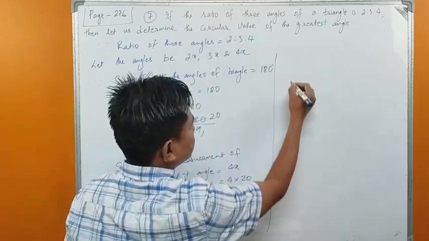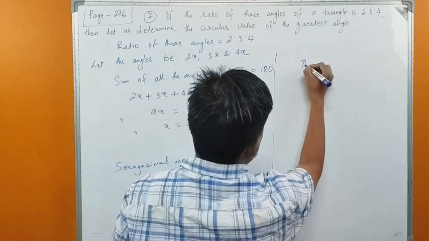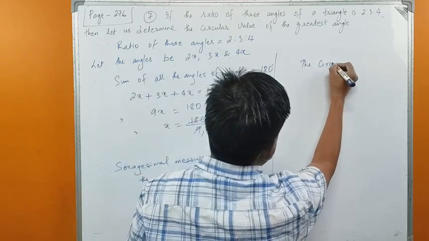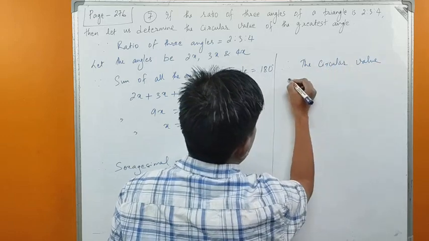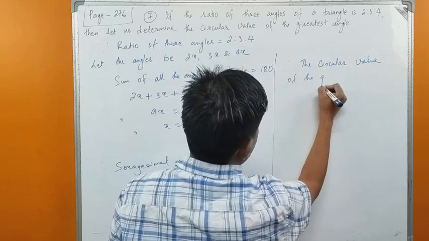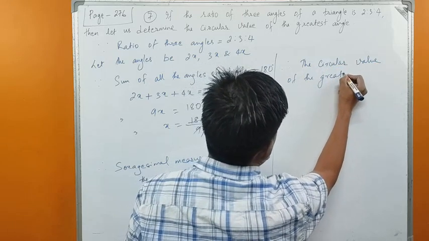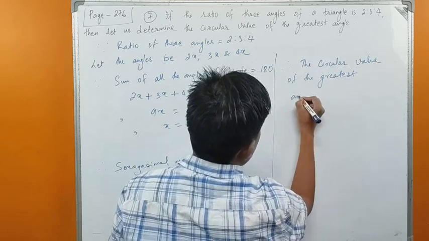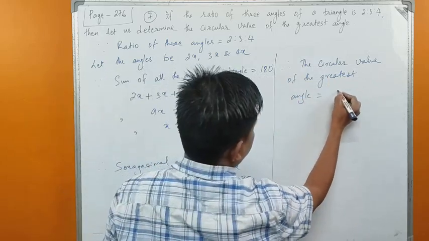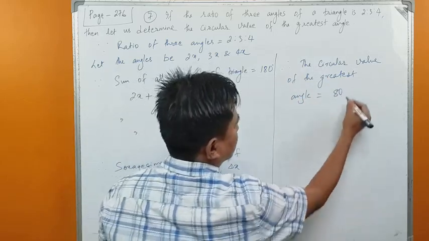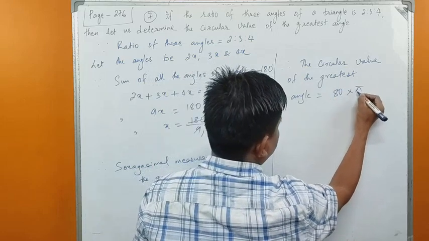Therefore, the circular value of the greatest angle equals 80 degree, the sexagesimal value, into pi by 180.